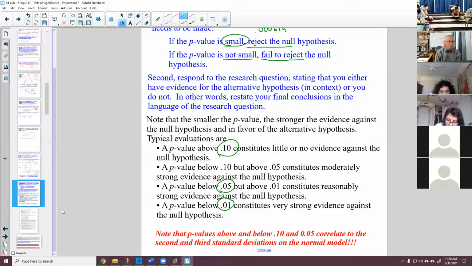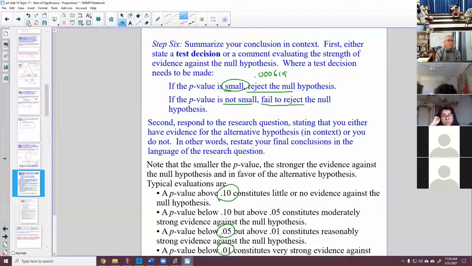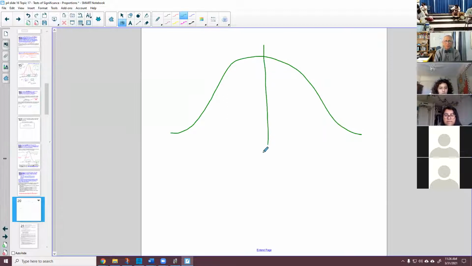So let's think about that for just a second. What I'm saying is that if I have my diagram, and here is my center, my null hypothesis is pi equals something.